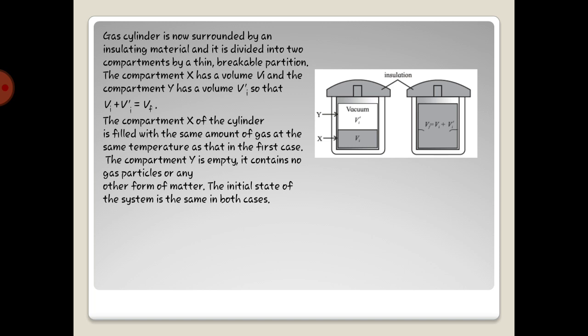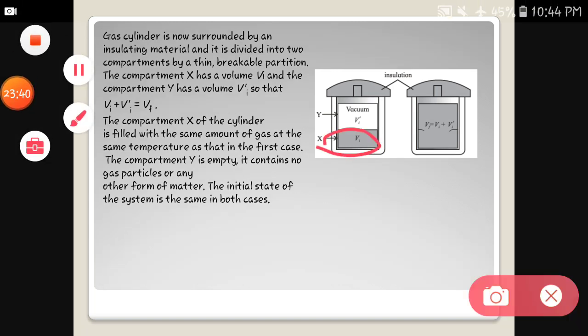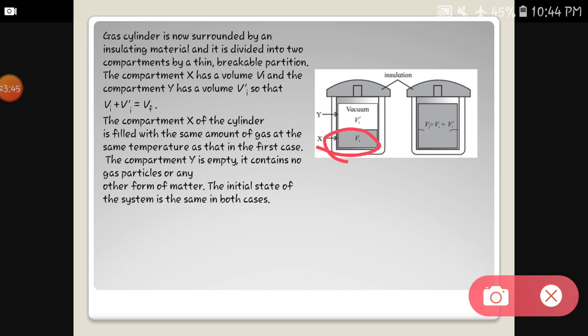The compartment X of the cylinder is filled with gas at some temperature. You can see in the diagram over here, X is having gas in it, and the compartment Y is empty. It contains no gas, no other particles at all.